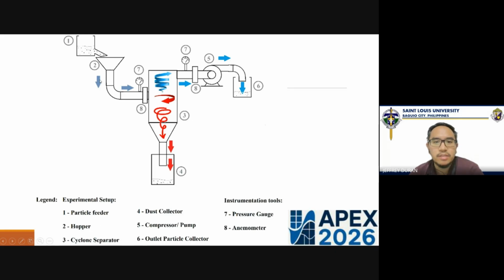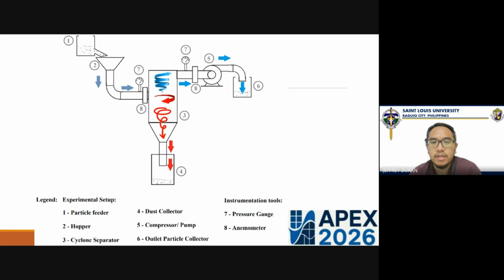Then it was introduced into our system, wherein the velocity was taken as well as the pressure using a manometer in replacement for the pressure gauge. On the bottom part of our cyclone, we have collected the dust to be measured in the latter part of our research.